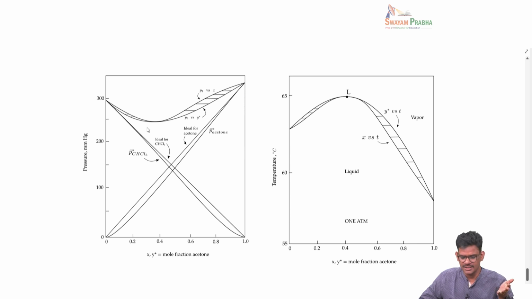Okay, and in terms of the Txy diagram, you will see that this is Tb, this is Ta. In the last example I showed the boiling happening at a temperature lower than the lowest boiling component, but here the boiling point can be higher than either of them. You see this L point, the boiling point, is more than that of Tb itself. Okay, this is called a maximum boiling azeotrope.